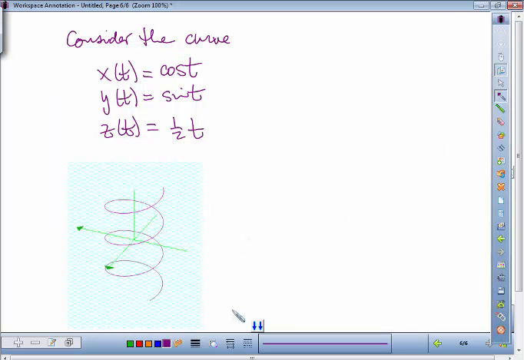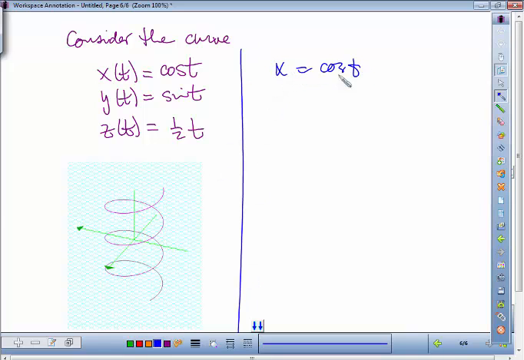Now let me try something else on you. X is equal to cosine t, y is equal to sine t, z is equal to sine, let's say, 8t.